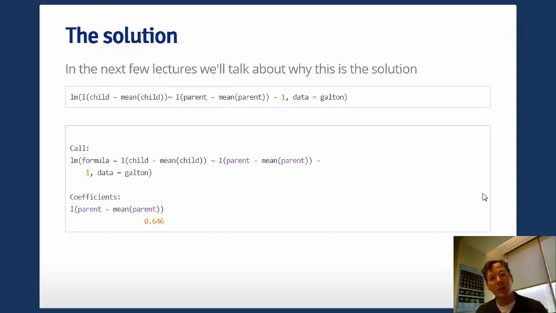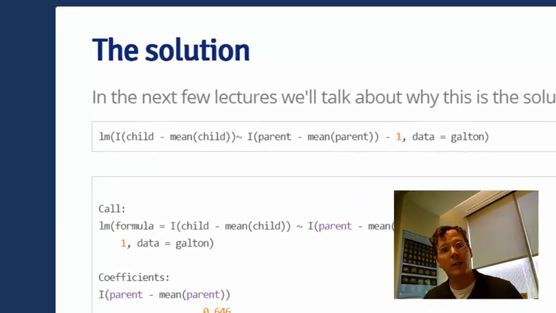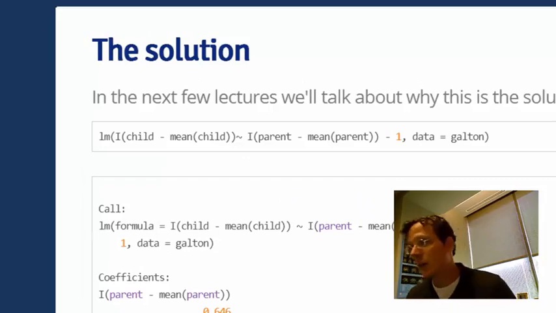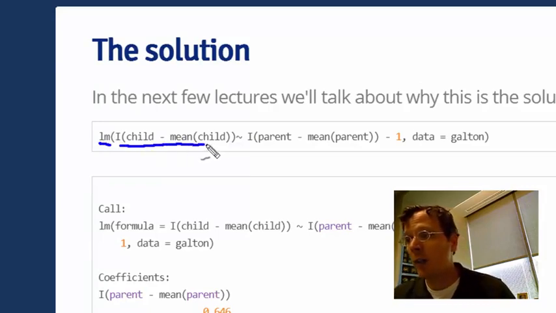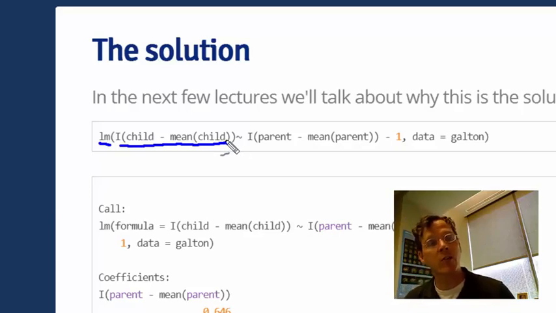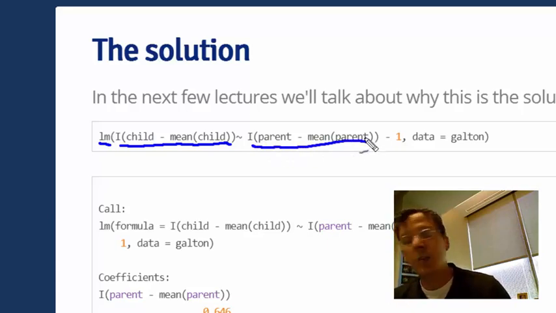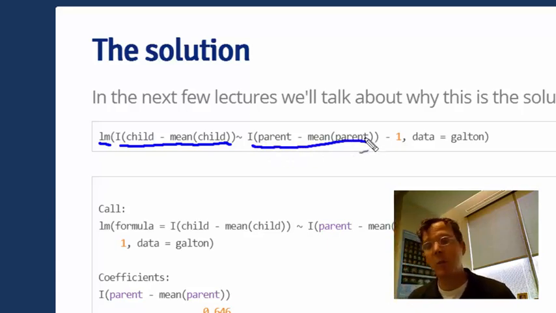Now that we've used manipulate to find the slope, I'm going to show how you can do this very quickly in R. The function lm fits the linear model, and here I have the code where I use lm. My outcome, my y value, is the centered child's heights, so I've subtracted off the mean, and here is the centered parents' heights, where I've subtracted off the mean for the parents.